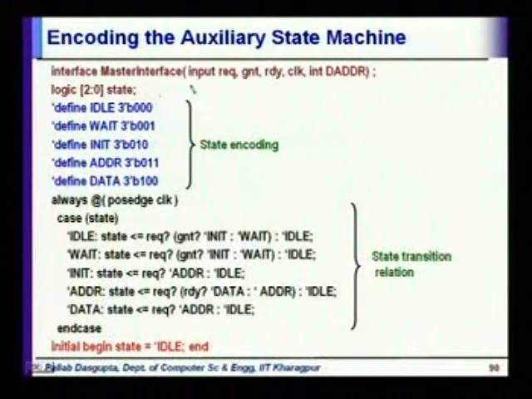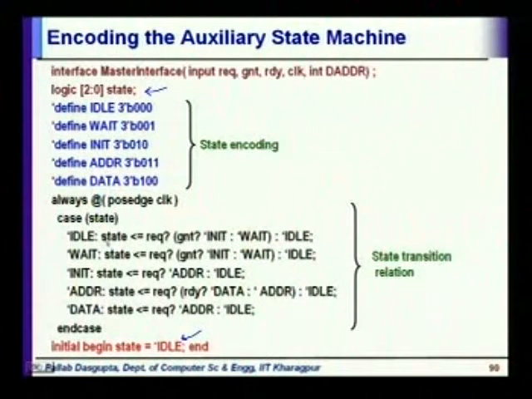The actual state is stored in this register, in this logic. This is the actual state. Initially we are assigning state to idle, and this is tick defined to 000. So initially state is getting 000. That's the initial state. Now let us look at any of these transitions.